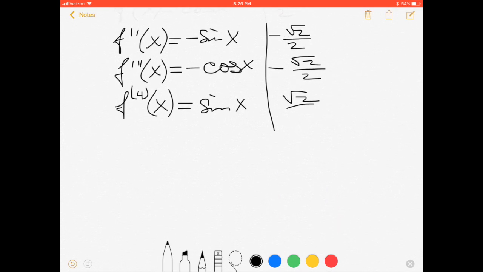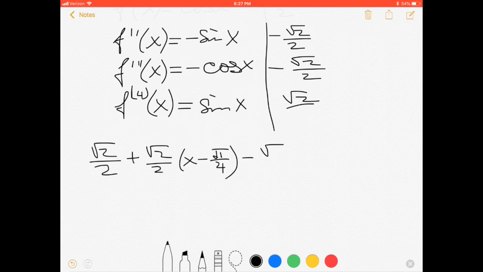Okay, what we have? This means our polynomial, it will be square root of 2 over 2 plus square root of 2 over 2 times (x minus pi over 4).